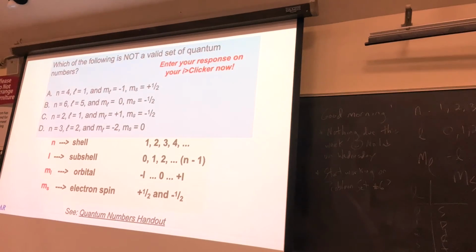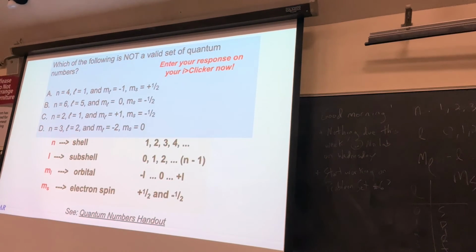So here's a question we talked about a little bit last Monday: which is not a valid set of quantum numbers. So we use the rules. This is a common kind of thing when you're learning the quantum numbers, to see which one is not legit. For example, on the first one, n equals 4. Well, as long as n is a whole number, you're good to go.